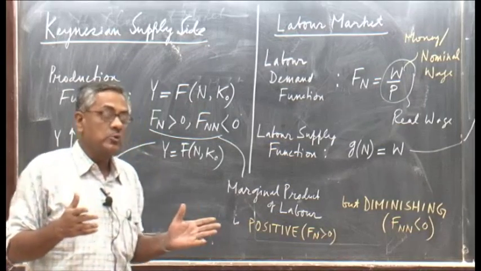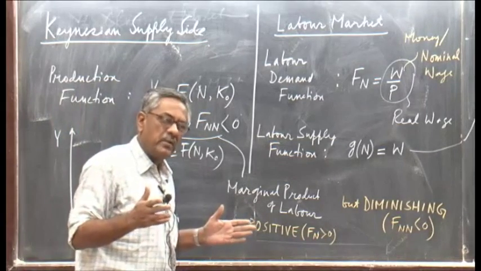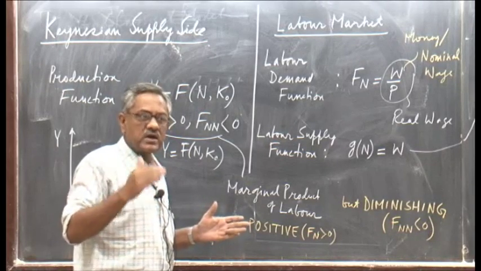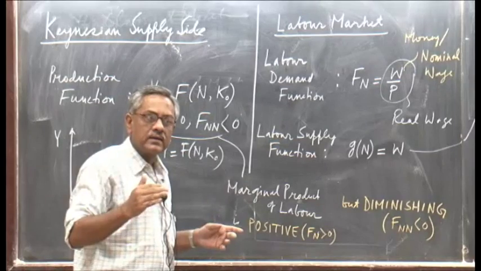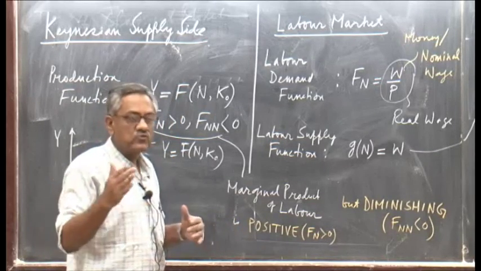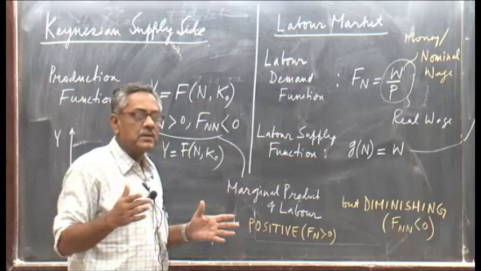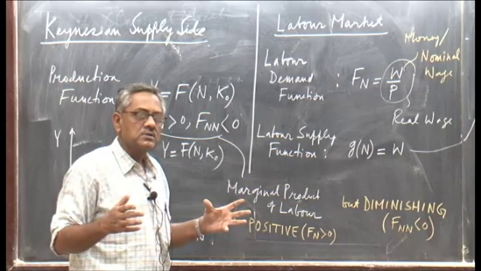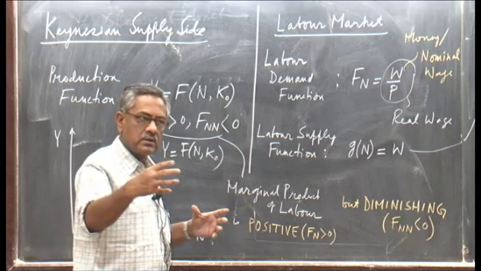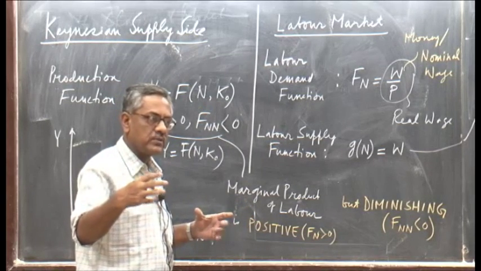So contractual wages are a common phenomenon in this world. It's not a free market wage that clears every day, every year even, every month even. It's usually a contractual wage that is agreed upon between the workers, which are the trade unions, etc., who represent them, and the bosses of the company, owners of the company.